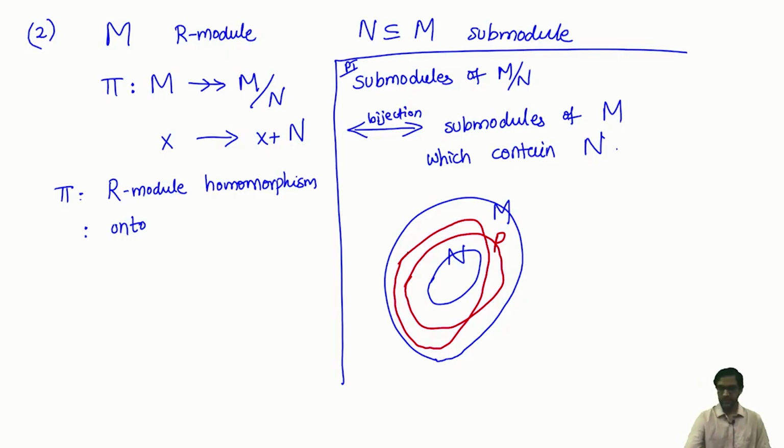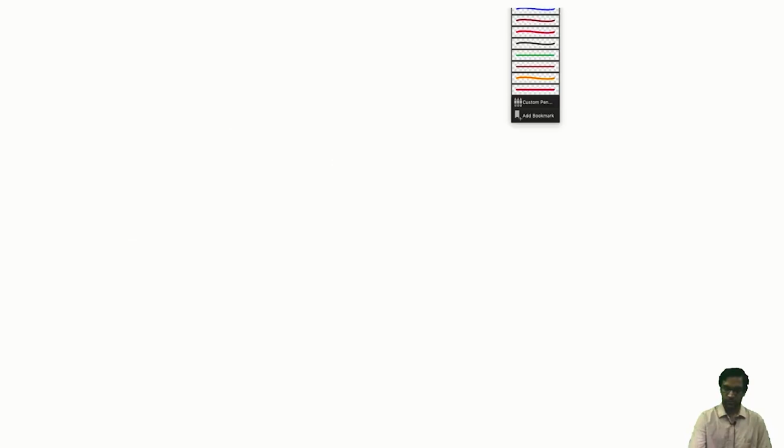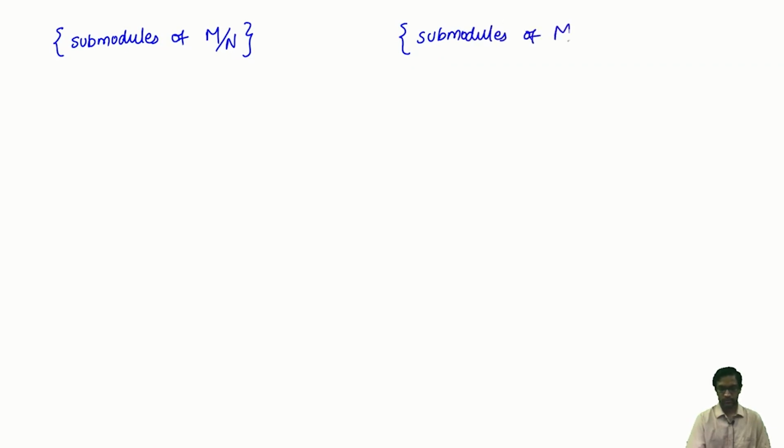Let's set up the bijection itself. Proving it is easy, so let me just tell you what the bijection is. On one side, let's write down the submodules of M mod N, and on the other side the collection of all submodules of M which contain N. I want to establish a bijection between these two, so I'll give you maps in both directions.